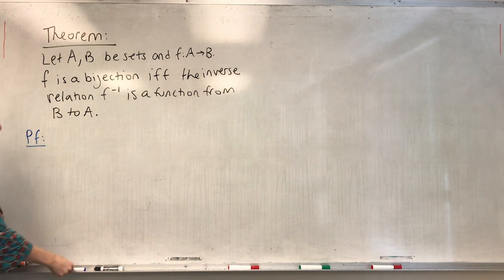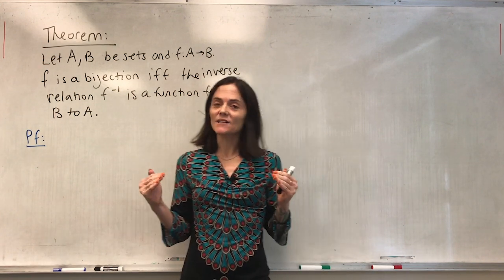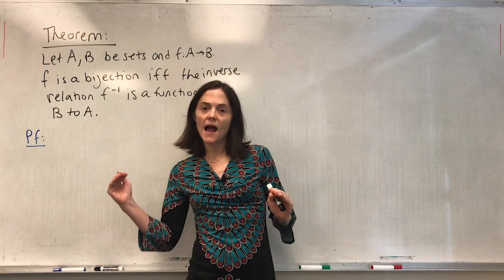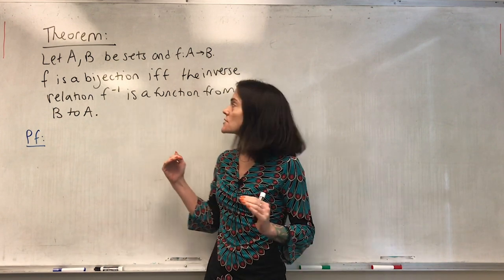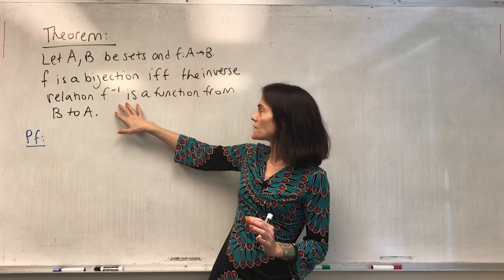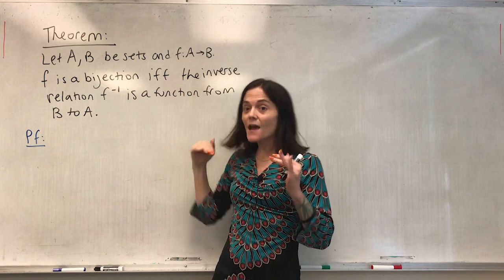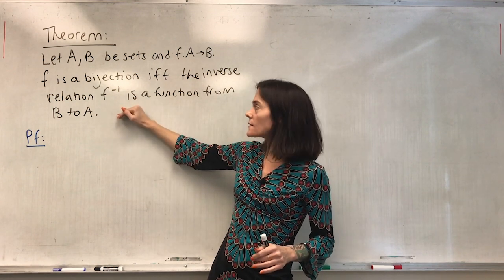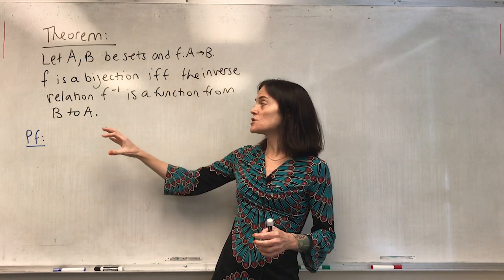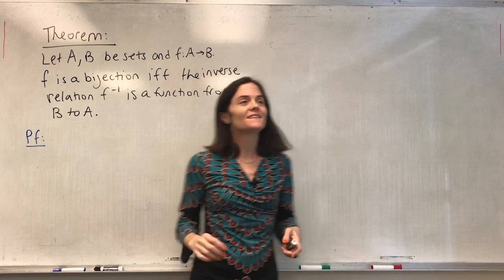Typically, just to save myself from making a mistake, I will do an if and only if in two directions. For example, I would assume F is a bijection and prove the inverse relation is a function from B to A. Then I would assume this part and prove F is a bijection. But this one, I'm going to just prove all at once with a bunch of if and only ifs.